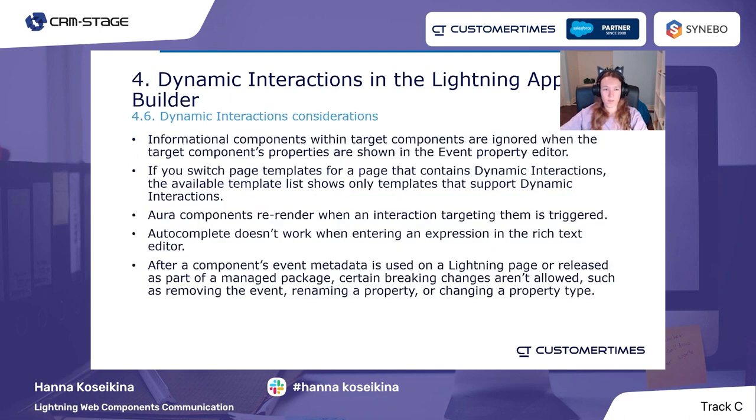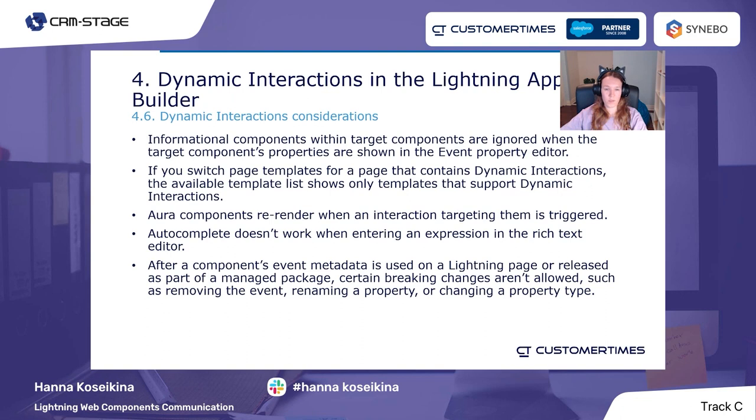Of course, dynamic interactions are now very limited, and we have some considerations and limitations as it's something brand new. Informational components with target components are ignored when the target components are shown in the event property editor.